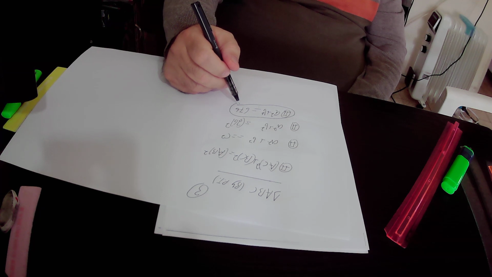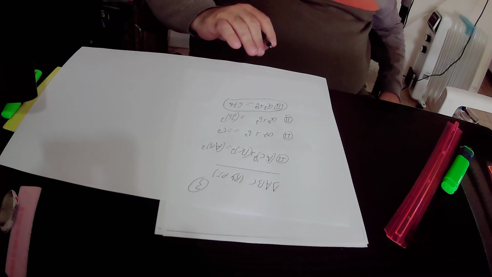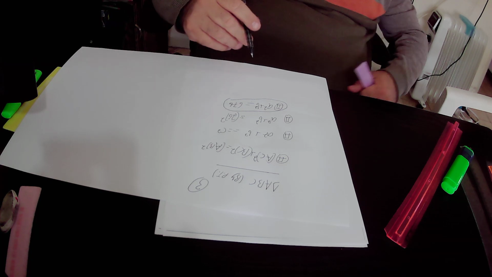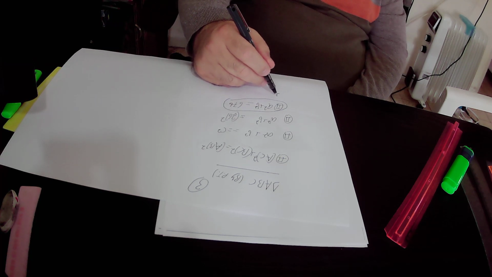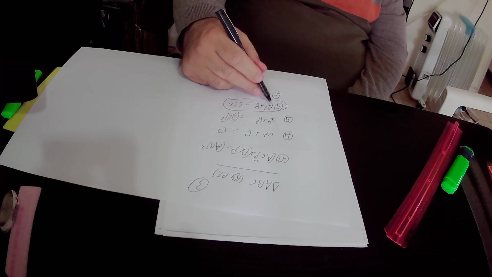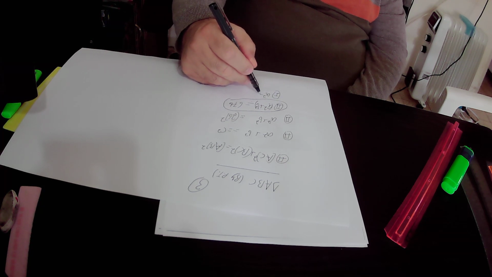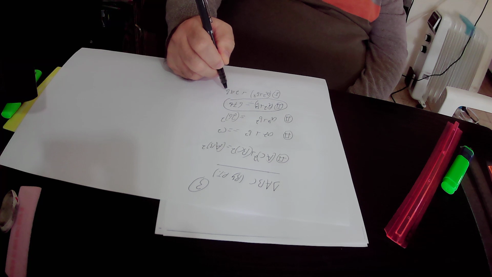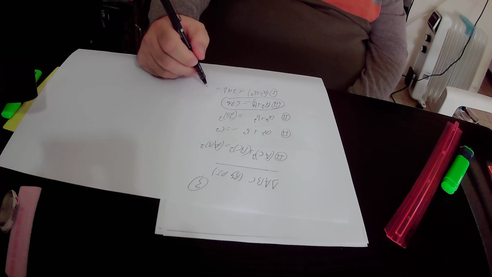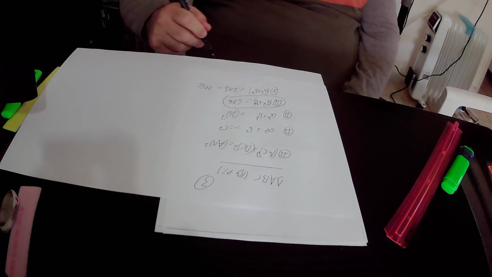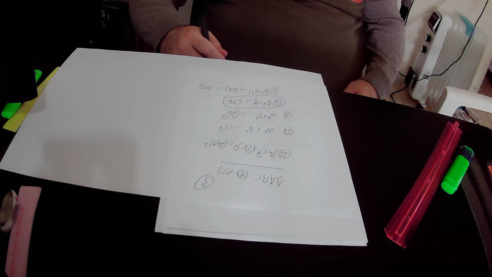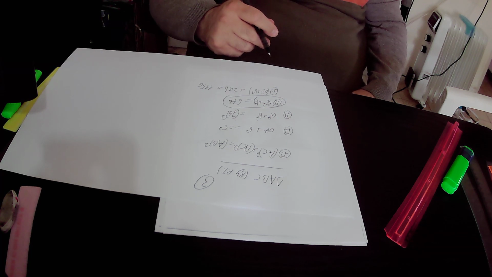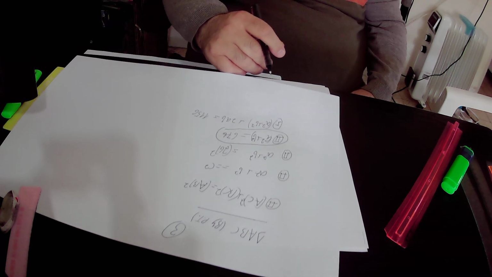While according to equation number 1, we found out that A squared plus B squared plus 2 times AB equals 1156. Because A squared plus B squared equals 676, we can substitute A squared plus B squared in equation number 1 by 676.